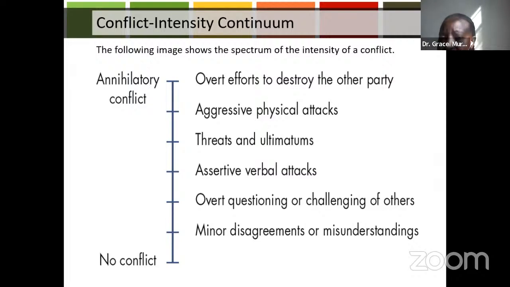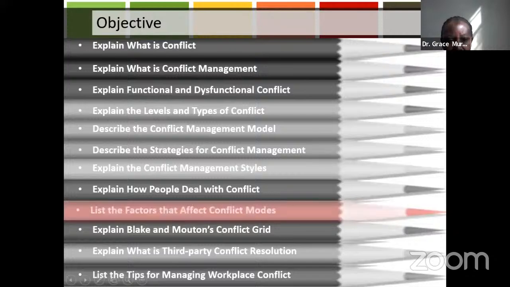All the things we are studying help us avoid moving from the no conflict level to conflict that is really destructive, where you find people threatening to kill each other, people leaving the organization, people not talking to each other, and ultimately destroying even an organization. So to avoid that, strategic conflict management becomes key. I keep saying it over and over again.